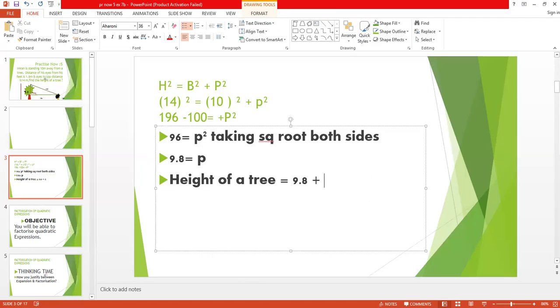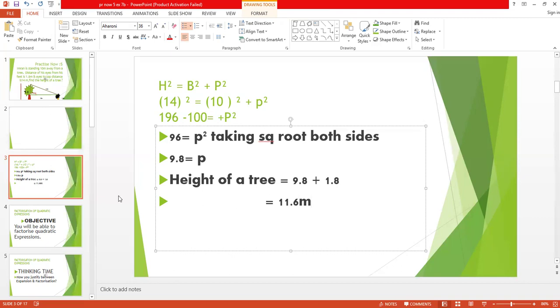That one is given in the question, that is 1.8. Simply now you have to add both of these two, and you will get the height of the tree, and that one is equal to 11.6 meters. That's all.